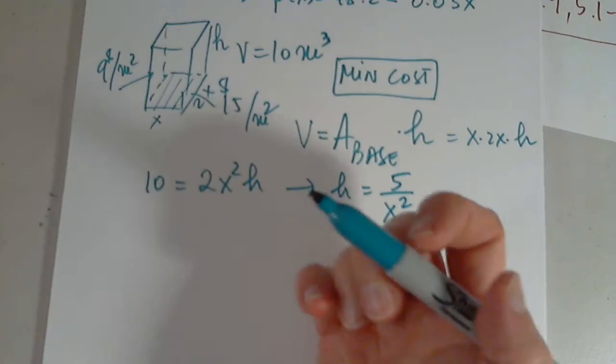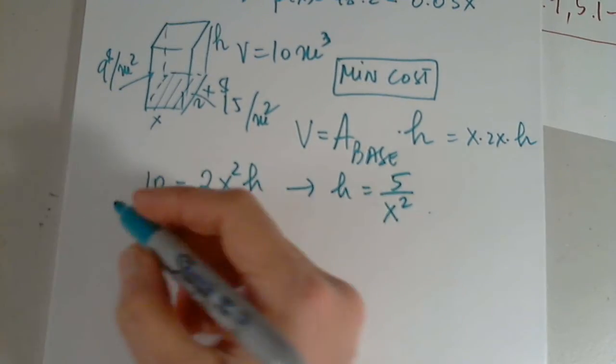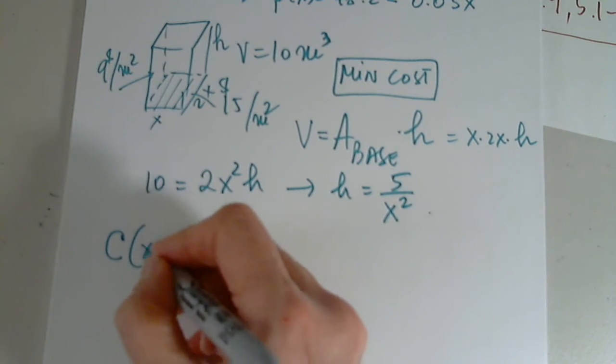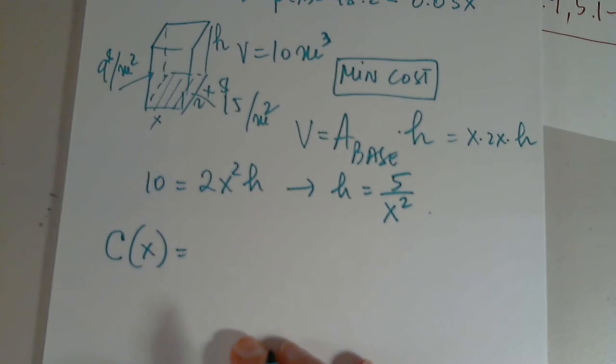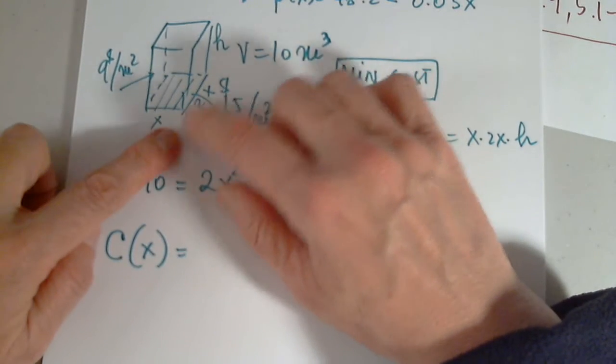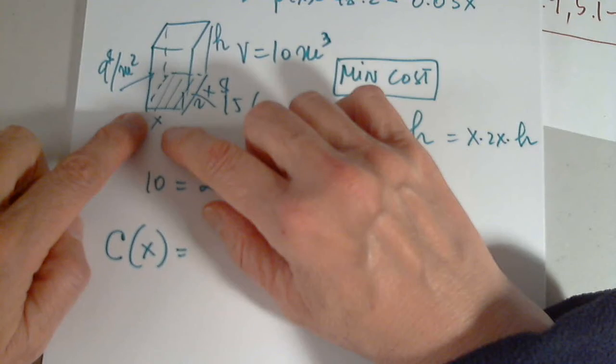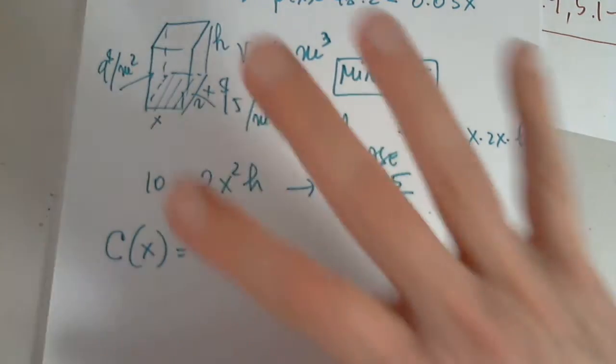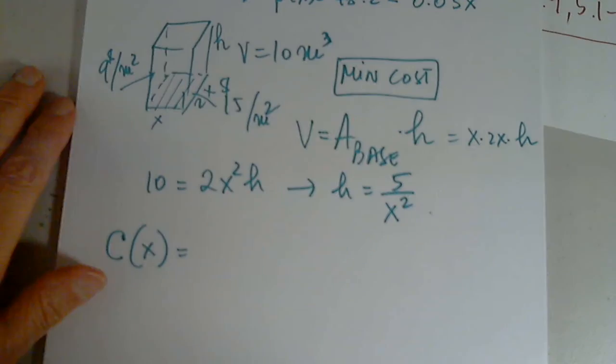At this point, I need to find the cost of the entire box. I have a question. Please. How'd you get the area of the base? X times 2x. Oh, I thought you said that the length is twice the width. Oh, okay. Sorry. Maybe we should read it.